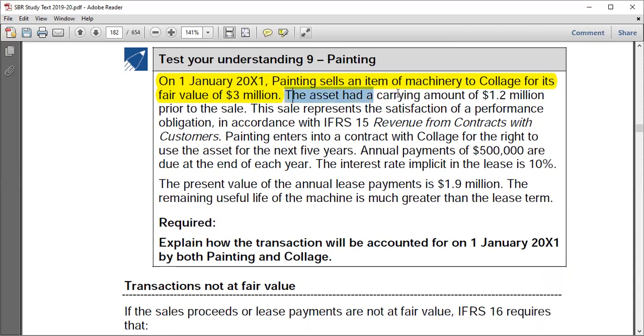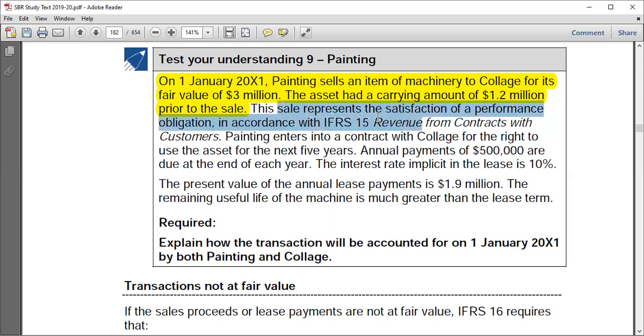The asset had a carrying amount of 1.2 million prior to the sale. As we said, this carrying amount would be removed, but actually we have retained some rights. We'll have to determine the gain on disposal based only on the amount that has been disposed. This sale represents the satisfaction of a performance obligation.